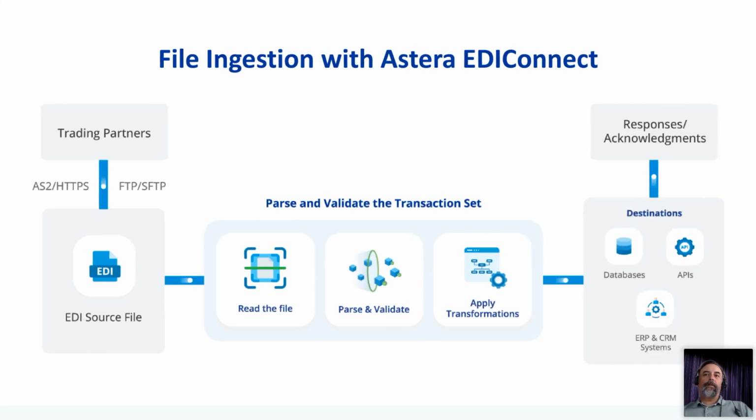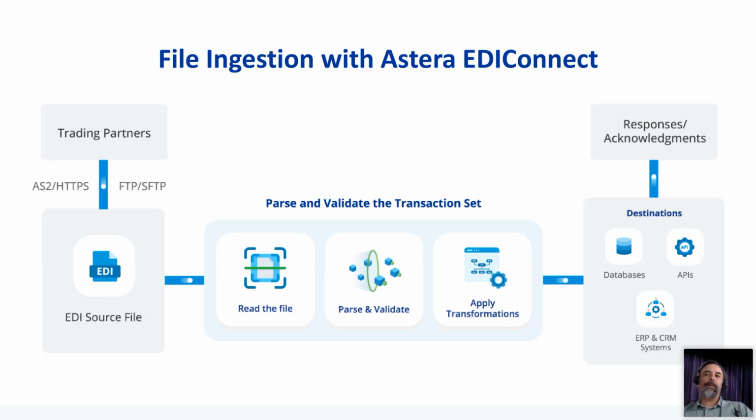So let's talk a little bit about how it works at a high level. In this diagram, you'll see that on the left here, we're dealing with trading partners and how we're ingesting data from those. You'll have to define the connections for those trading partners, whether that be AS2, FTP, email, what have you, right? They're going to provide their data to you in a multitude of ways, and EDI Connect will either go get it or receive it, right?